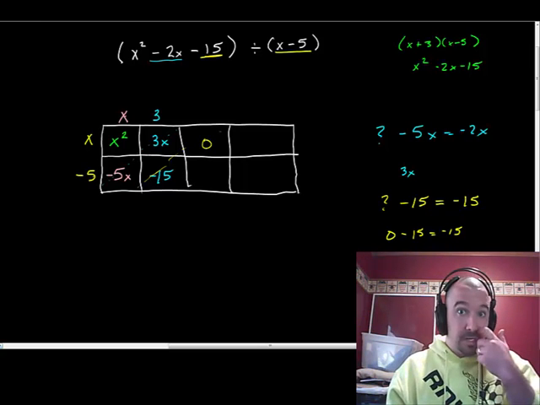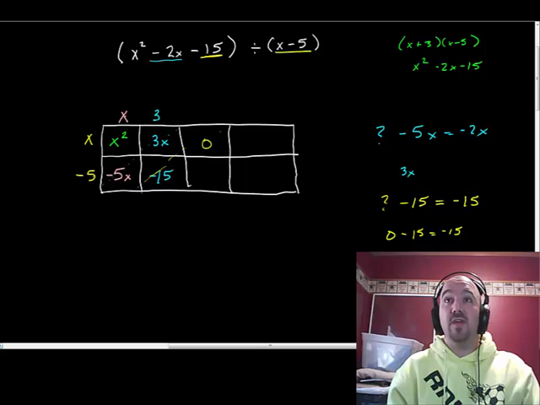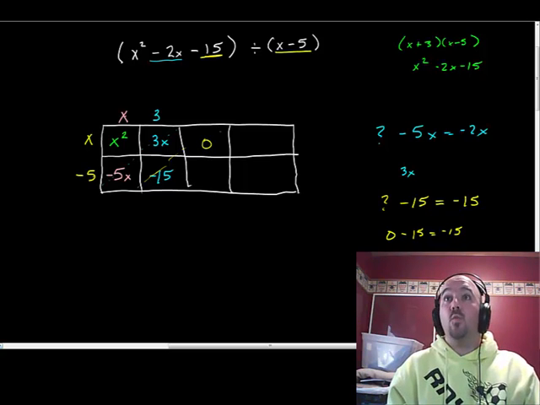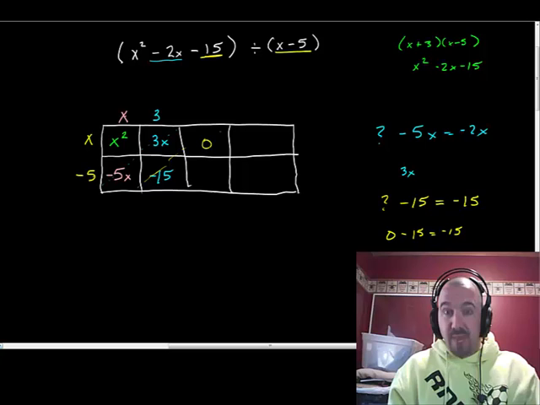Once you have completed your grid and you have gotten below the term of the divisor, so you notice this 3 up top doesn't have an x associated with it, we are now below the term of the divisor, which does. Whatever's left is your remainder. So this is telling you it's a remainder of 0. It divides.